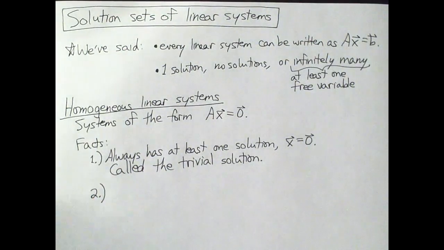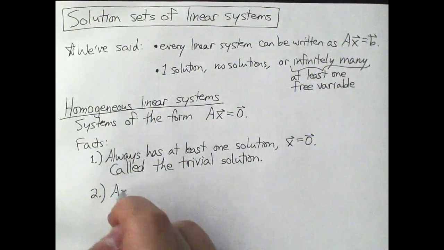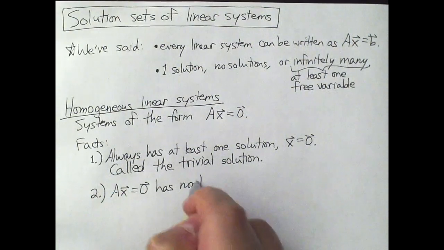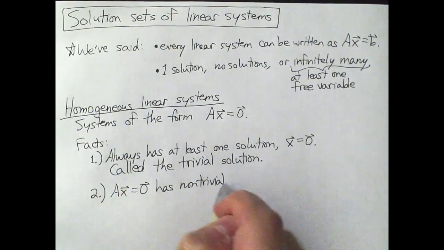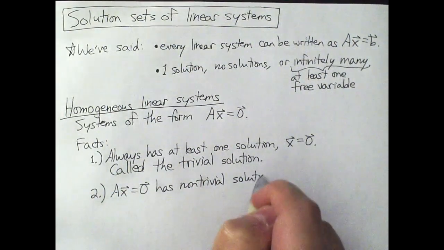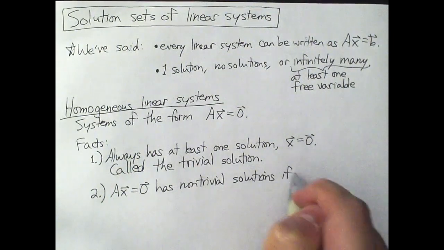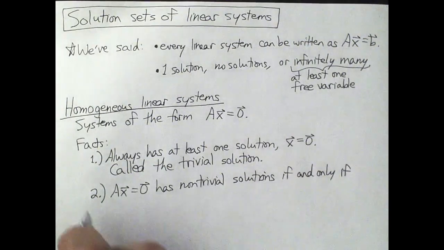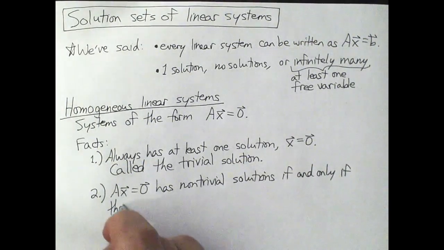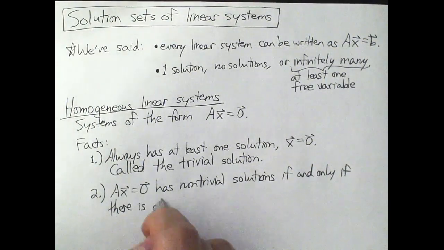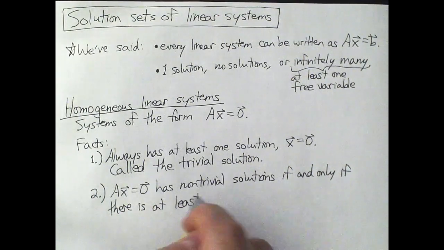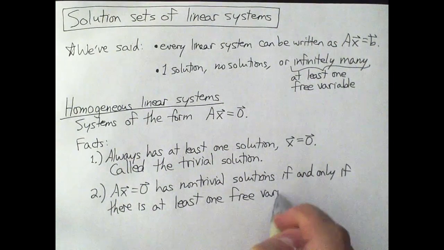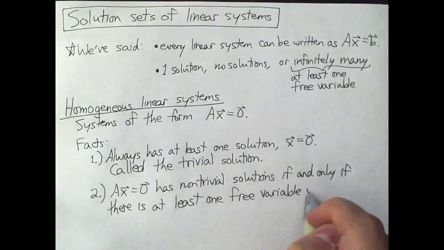Fact number 2. Ax equals 0 has non-trivial solutions if and only if there is at least one free variable when solving.